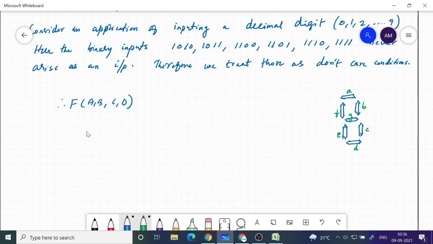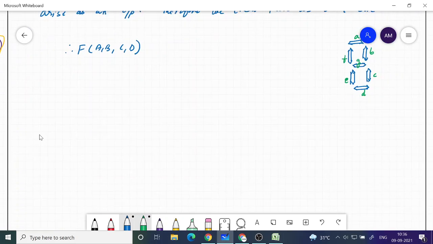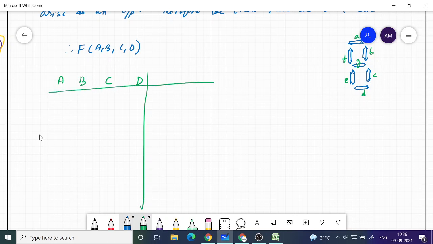If I write a truth table of a 7 segment display, that is a good problem to solve. So let's draw the truth table. We have A, B, C, D, and the outputs for the 7 segments: A, B, C, D, E, F, G. Each you can treat like a light; basically they are LEDs.